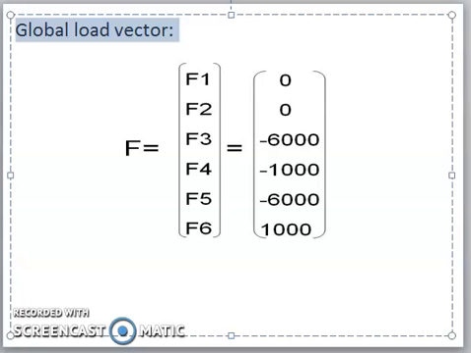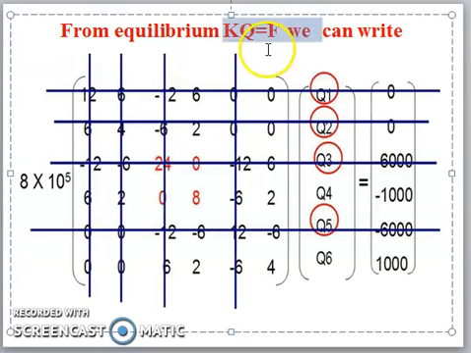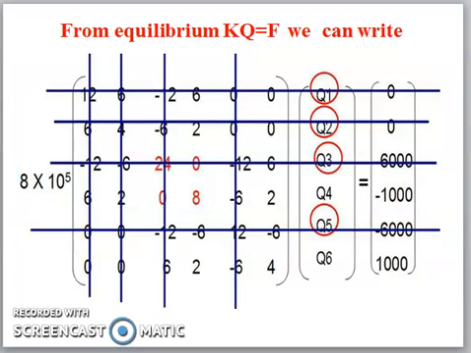We know that KQ equal to F, or KQ minus F equal to 0. It is better to go with KQ equal to F, where we have the stiffness matrix, displacement matrix and load vector. After that, apply the boundary condition.